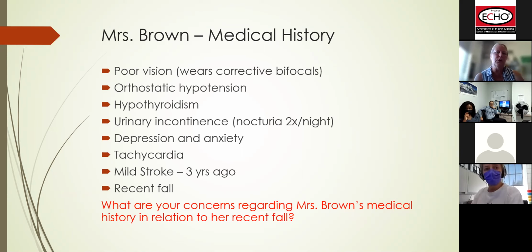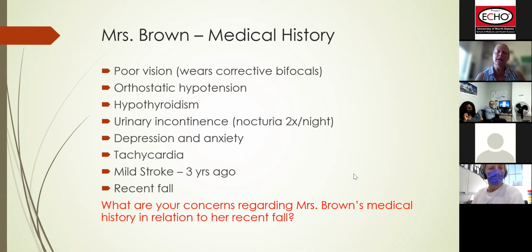Maybe she could be better off making sure she limits her liquids before she goes to sleep, or maybe she uses an assisted device. The mention of medications, we're going to talk about how medications possibly create balance problems. The mild stroke, could that relate to it?